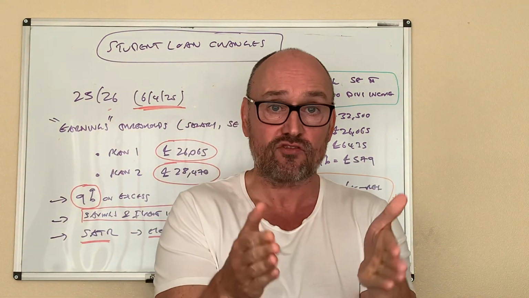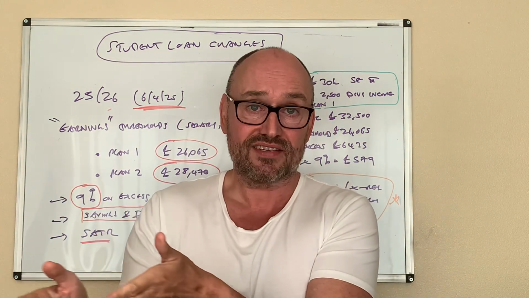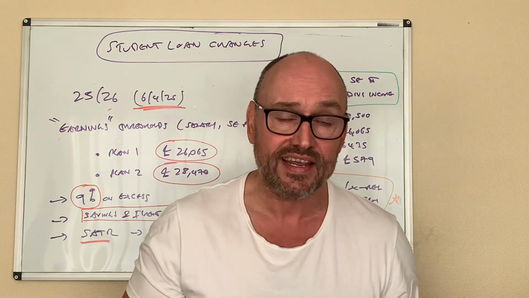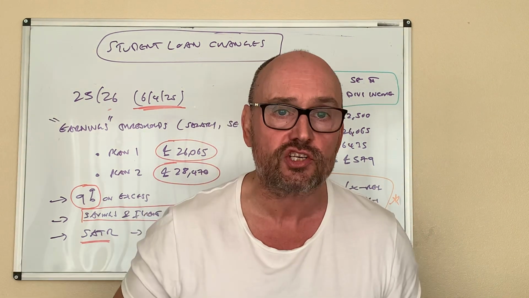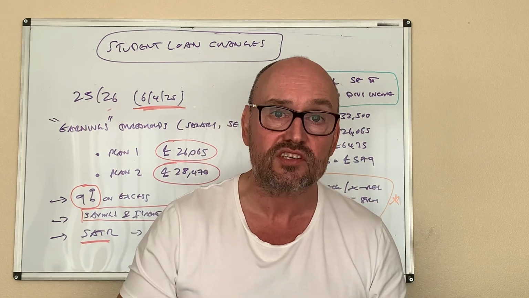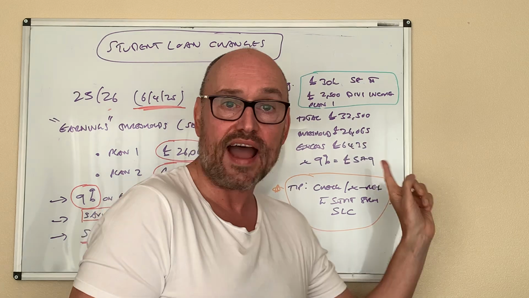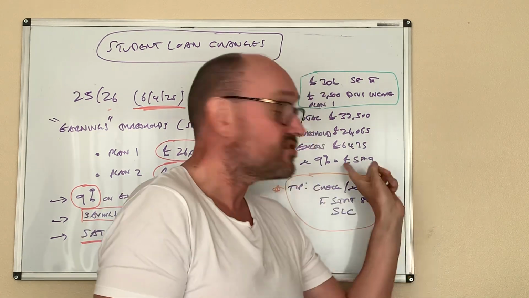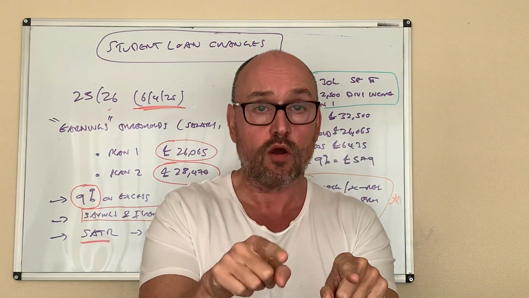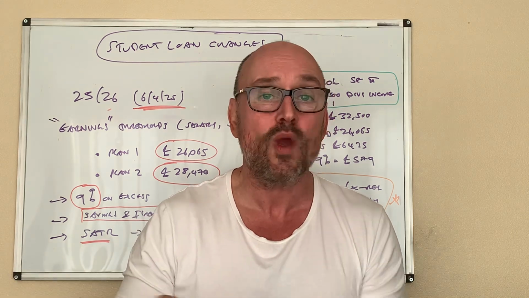So that £579 would go on his tax return. He'd work out his income tax, his Class 4 national insurance, and then there's another line that says 9% of this is that, and that £579 he'd wire to HMRC with his tax bill.